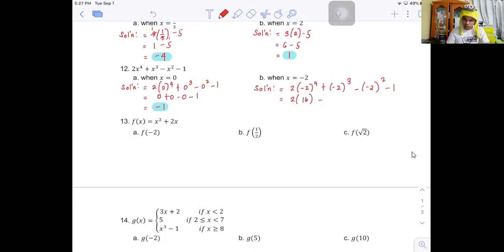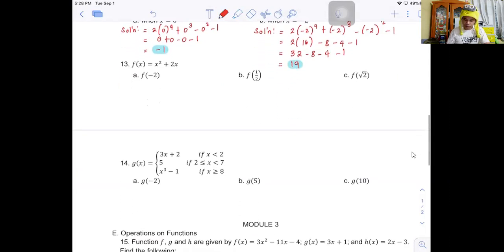Minus, kuan man na siya, plus negative 8, so minus 8 na dayon siya. And kani, minus, kani negative 2 squared is 4. So that's minus 4 and minus 1. Okay, so we have 32 minus 8 minus 4 minus 1, or this is 19.